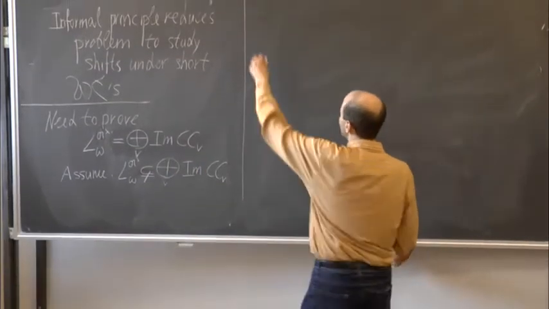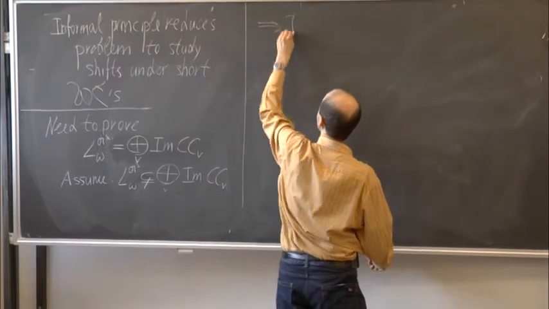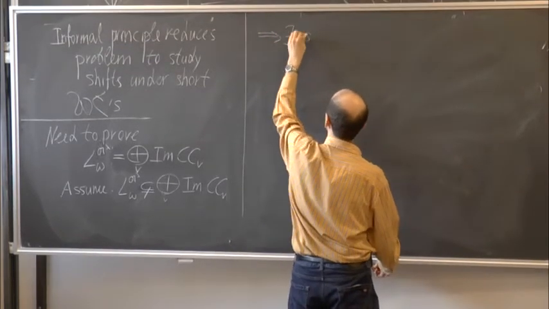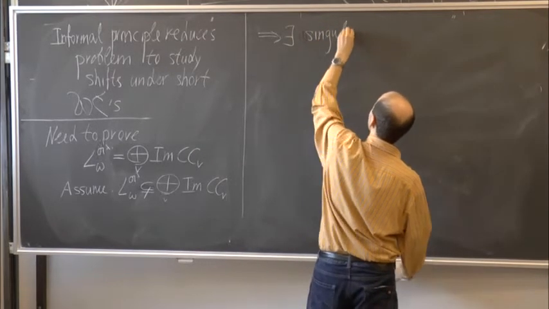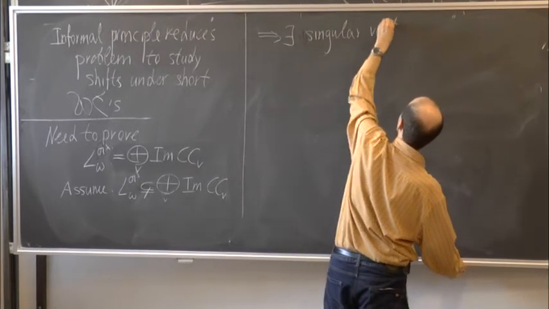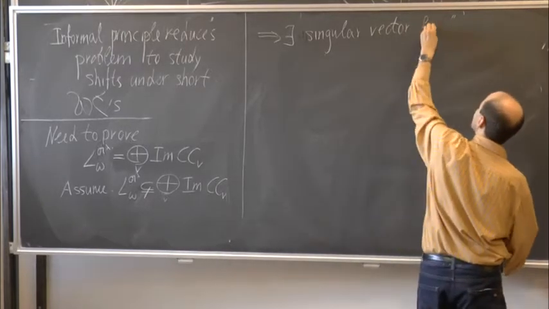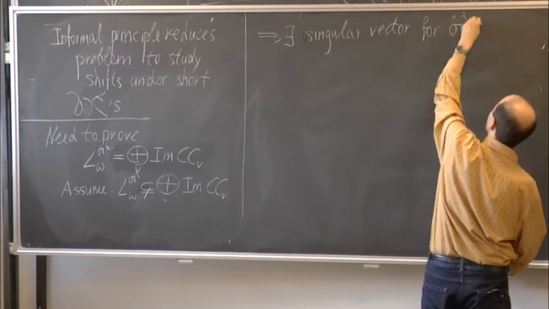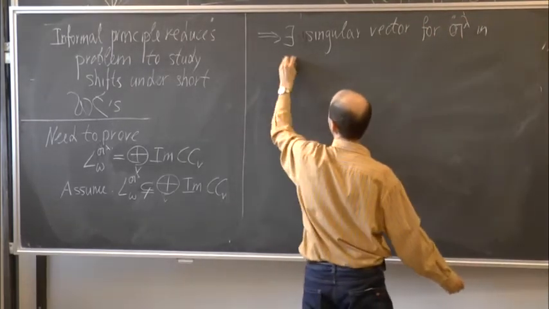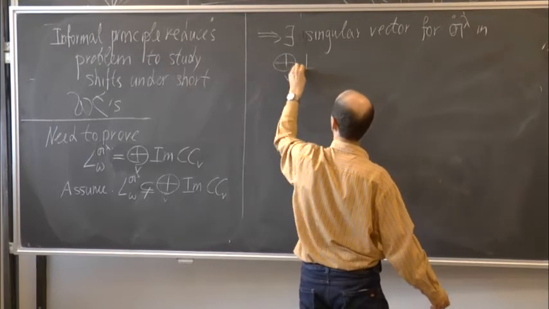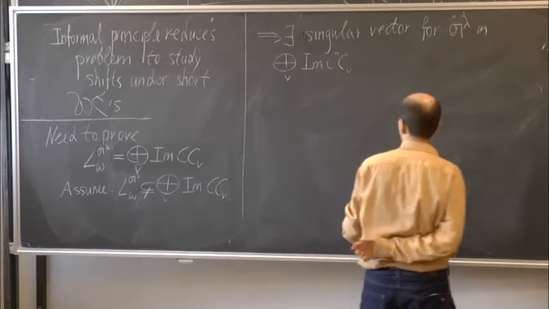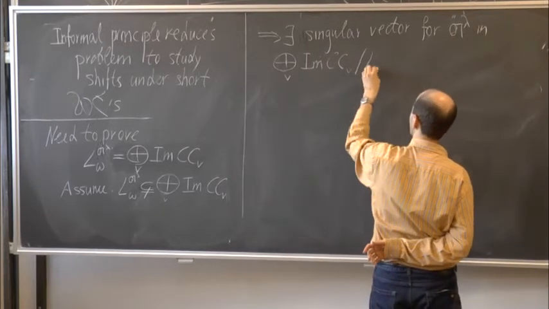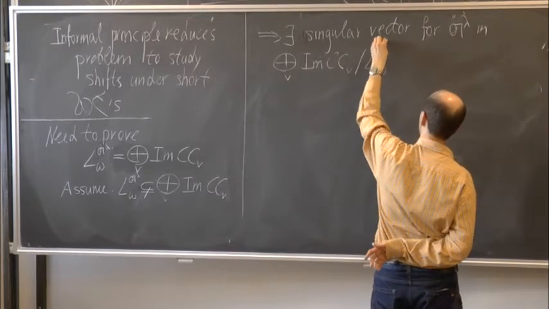Well, we would say that there is a singular vector for A lambda in the quotient of the direct sum of the images of CC modulo L omega A lambda.